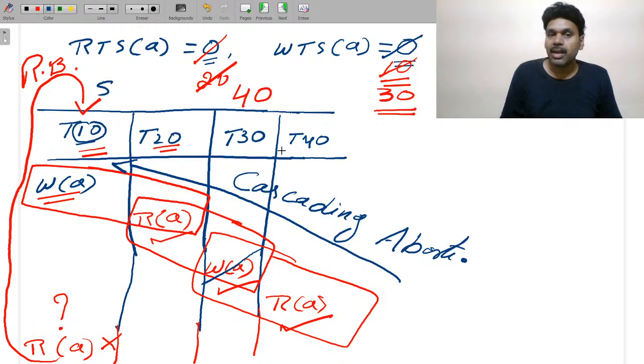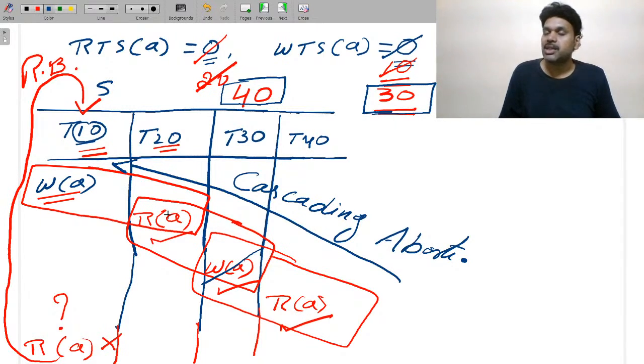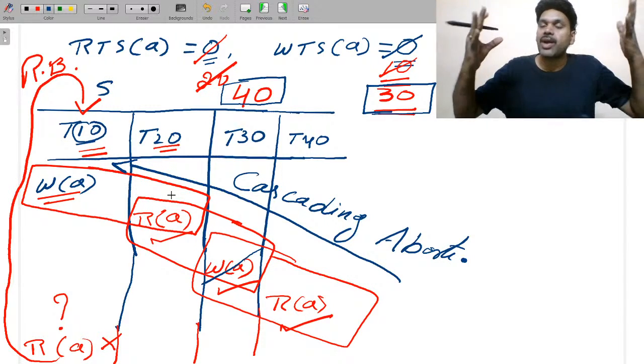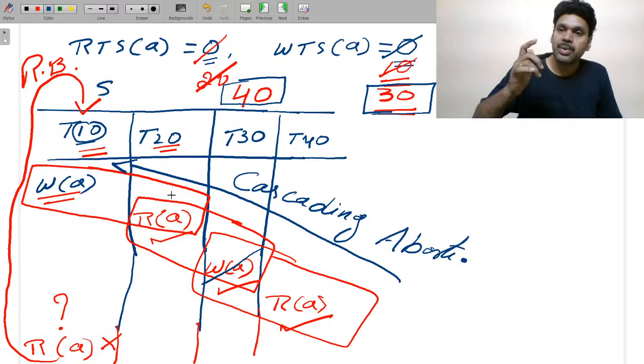Now your latest timestamp value so far is 40 and this one is 30. Simply, T10 is going to roll back. When T10 rolls back, all transactions are rolled back and your timestamp values are reset to 0.